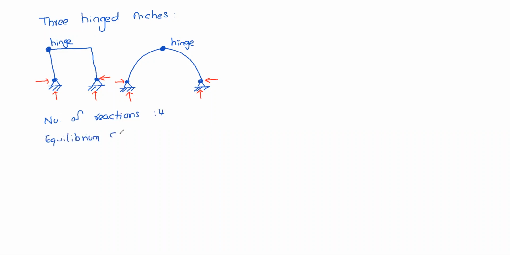Equilibrium conditions: the number of equilibrium conditions is 3, and one hinge condition is there. What does the hinge condition mean? At the hinge, bending moment is 0. That is one condition. So together, the equilibrium conditions as well as this hinge condition become 4 in number. So the reactions can be solved easily.